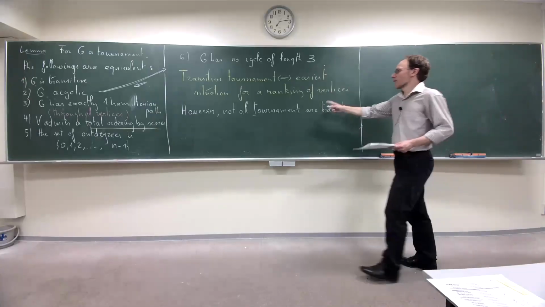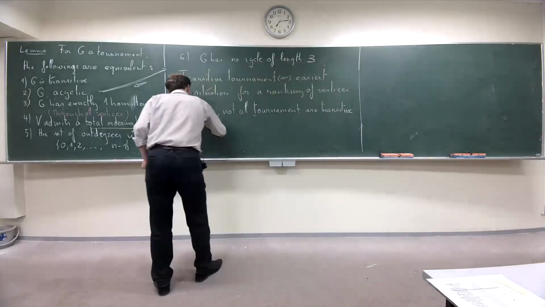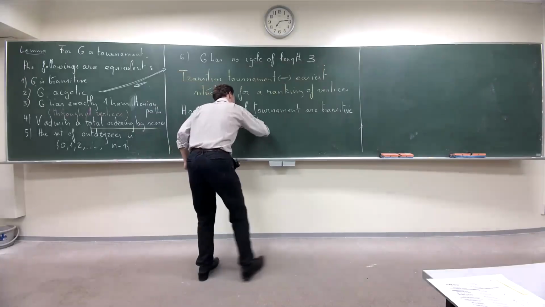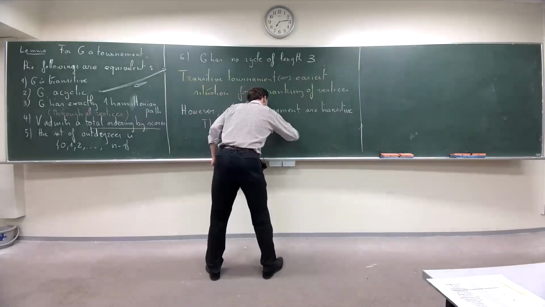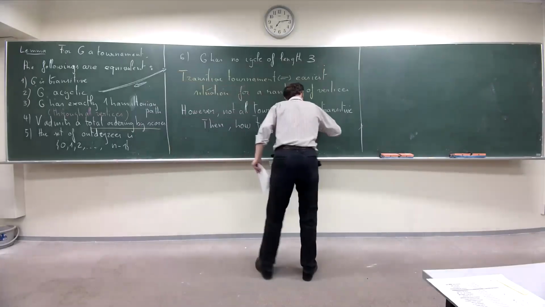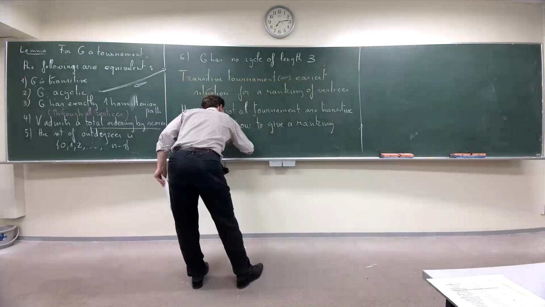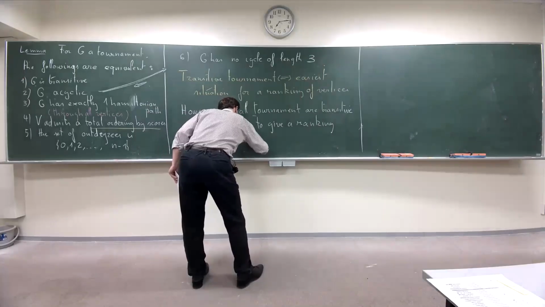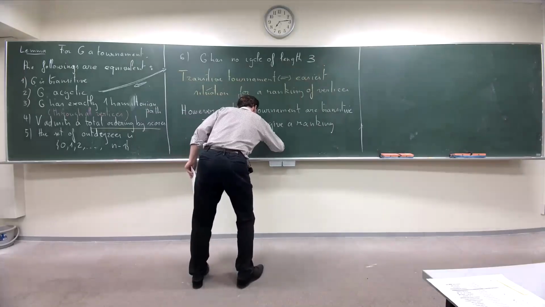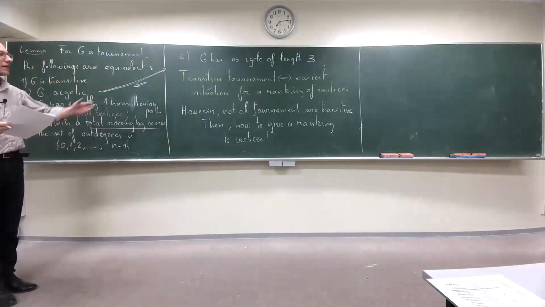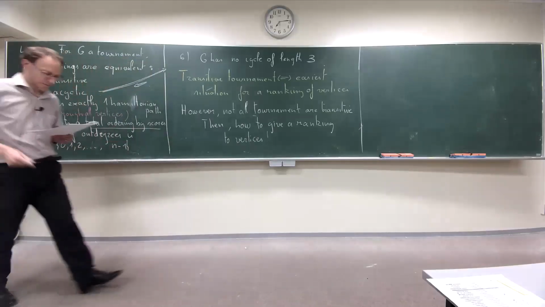So, however, how to give a ranking to vertices. This is the aim, to vertices. I want to give a certain ranking depending on something, and how can I do it?